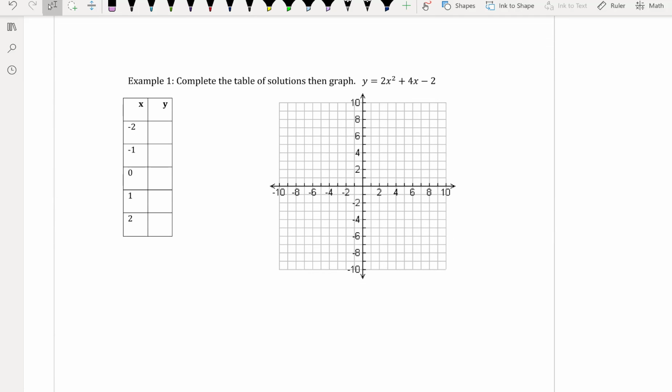So, for example, it wants us to complete the table of solutions and then graph this 2x squared plus 4x minus 2. It's already giving us some values of x to plug in.